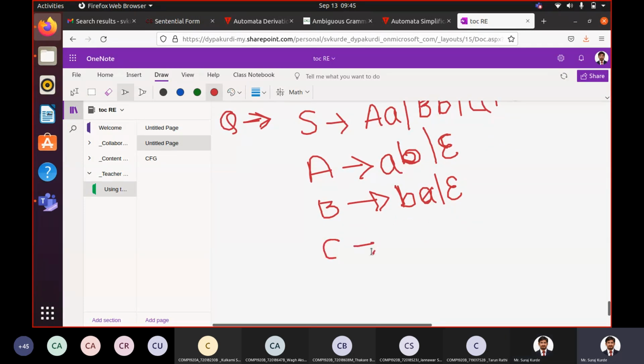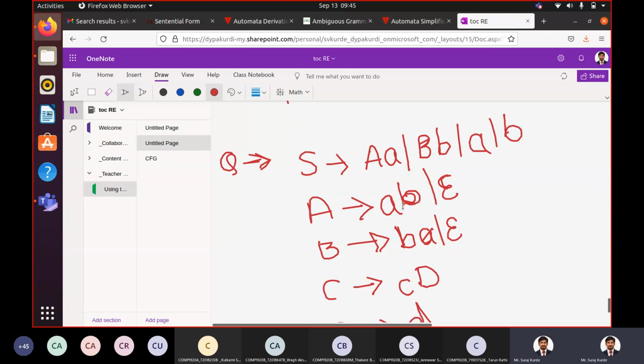Then C produces C, capital D, and D produces small d, and S produces capital D. So for this grammar, you have to apply the simplification steps and simplify this grammar.